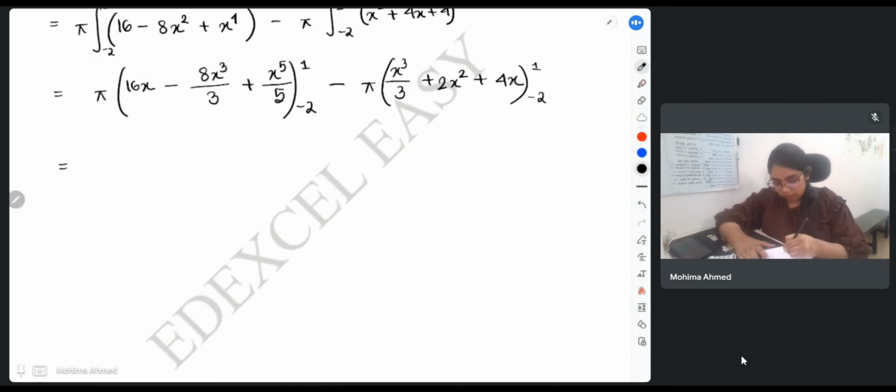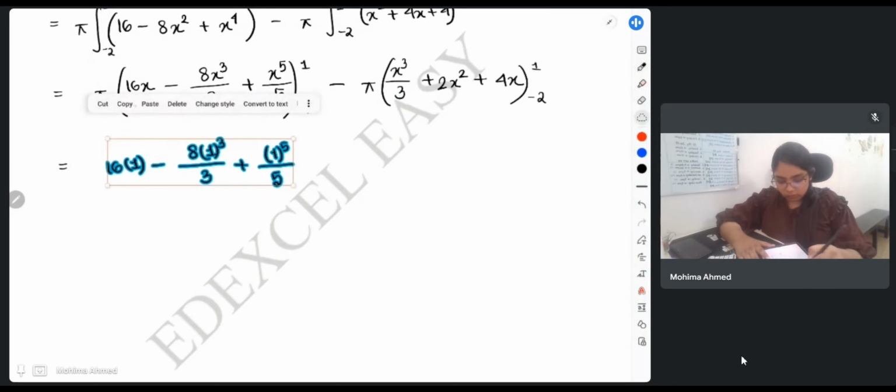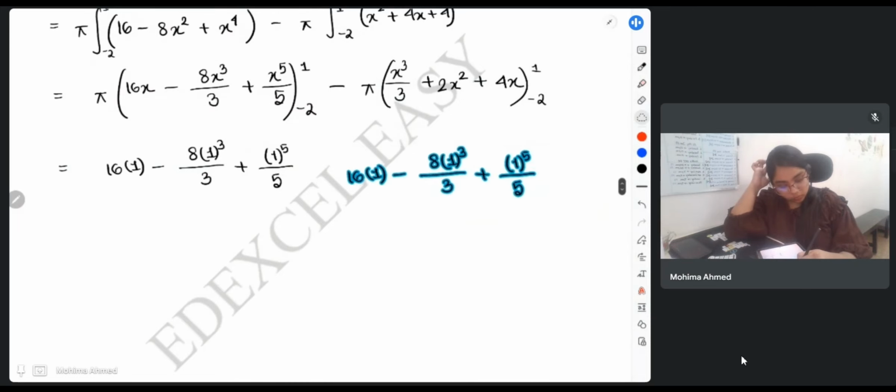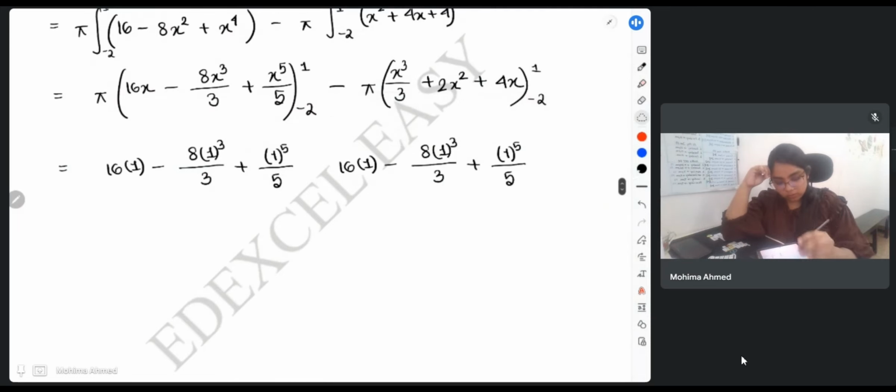You have 16 times 1 minus 8 times 1 cube divided by 3 plus 1 power 5 divided by 5, right? Again, obviously there are constants, but we're not going to get involved with constants, because for integration with boundaries, constants always get cancelled out.